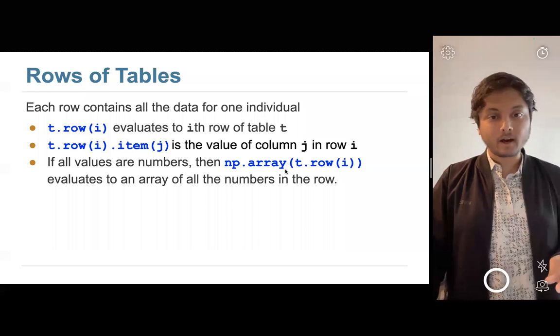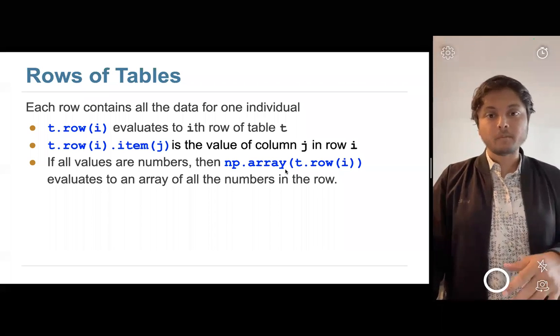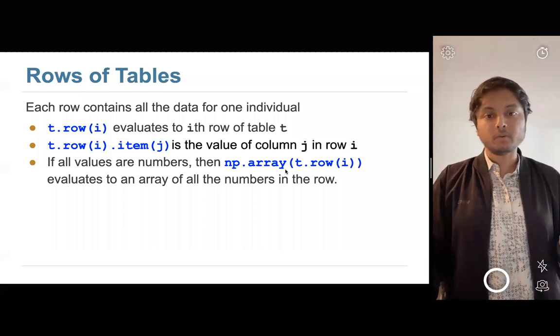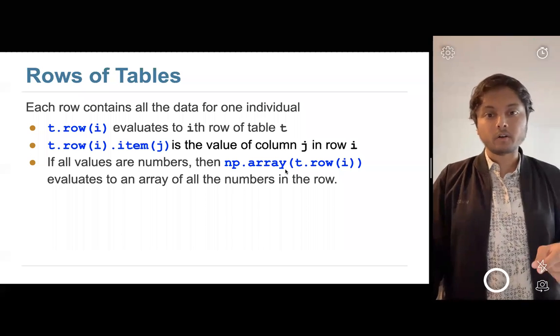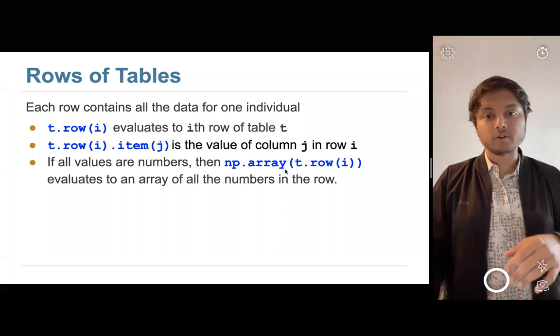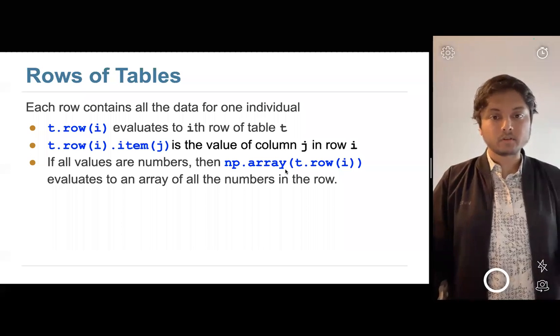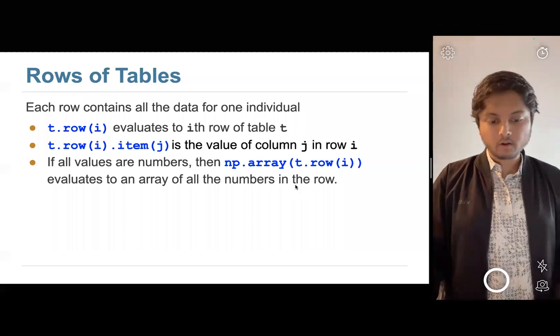If any of them were categorical, like let's say there's a variable on what city the patient lives in, that would have messed up everything. So it's really important that all the attributes that you care about are numerical. If you have some that aren't numerical, you can just drop those columns out before you try to calculate the distance. That will happen sometimes in your actual work, so it's good to keep in mind.